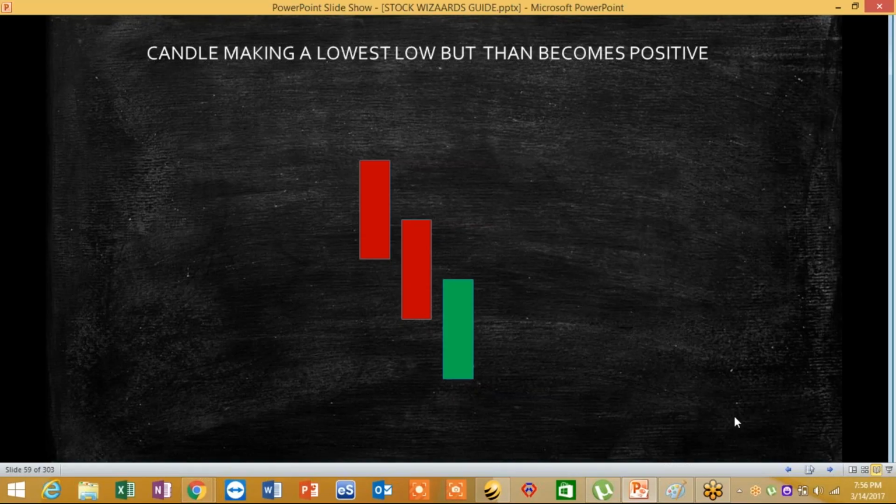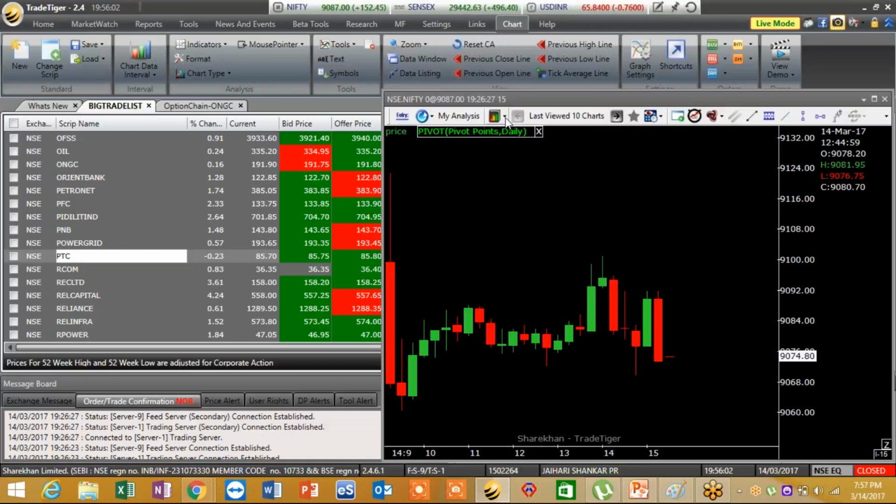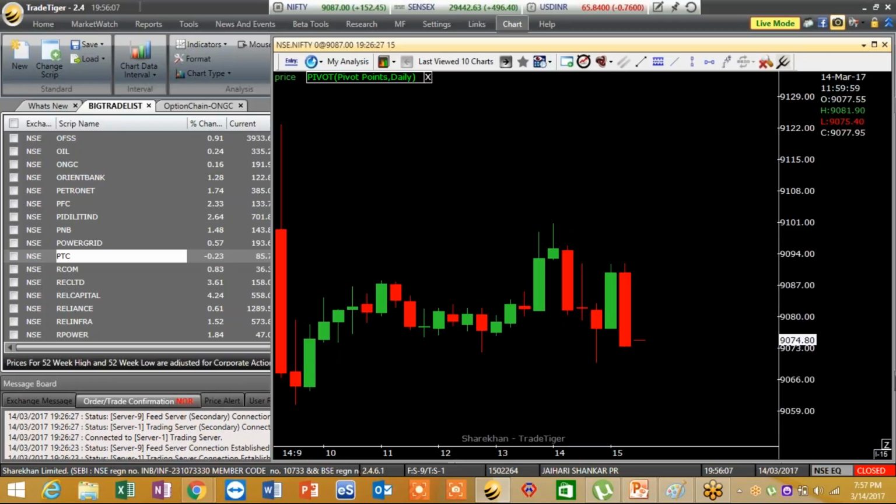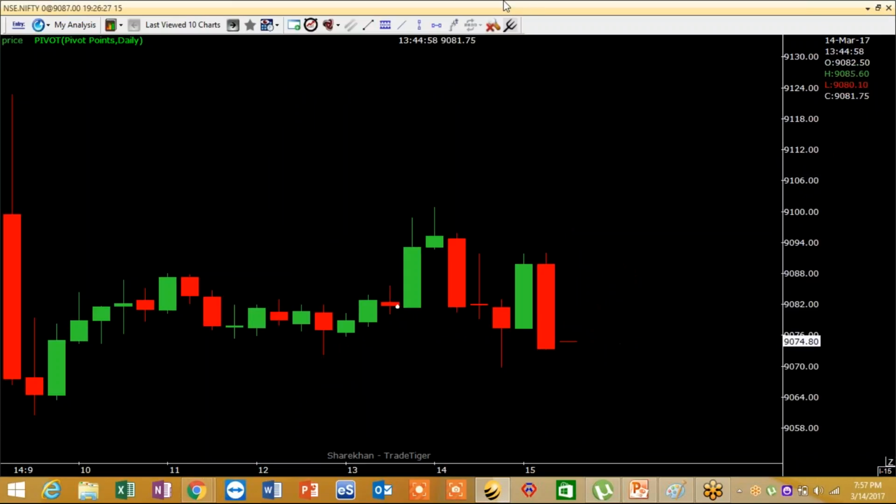Just a second. So let us see this in a real-time example. This is the chart. So Arvind, this is today's Nifty chart, and this is the 15 minute time frame.